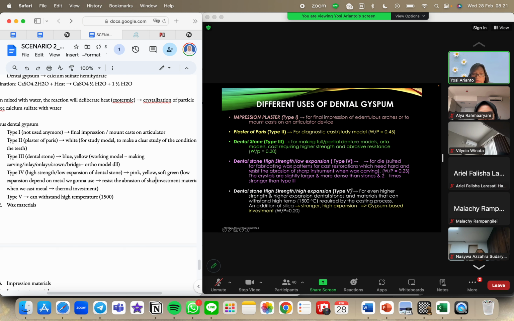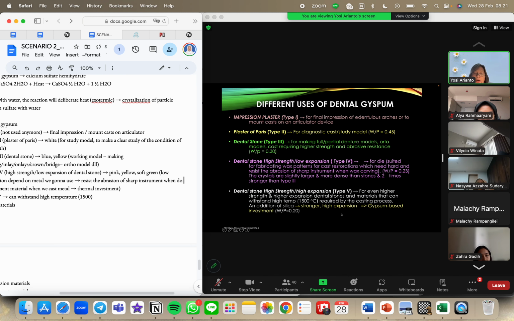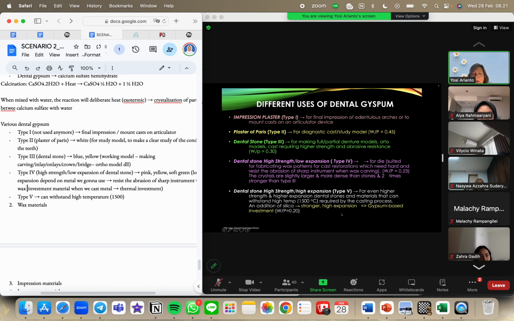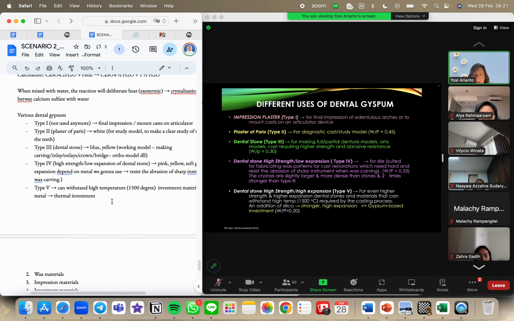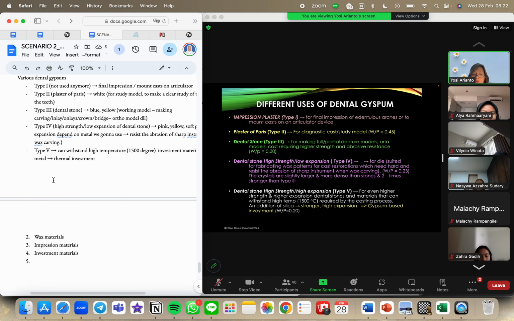Also the type 5. The type 5 has a higher strength, higher expansion, and can withstand the high temperature as high as 1,500 degrees C, which is required for the casting procedure. It has the addition of silica to make it stronger and high expansion.